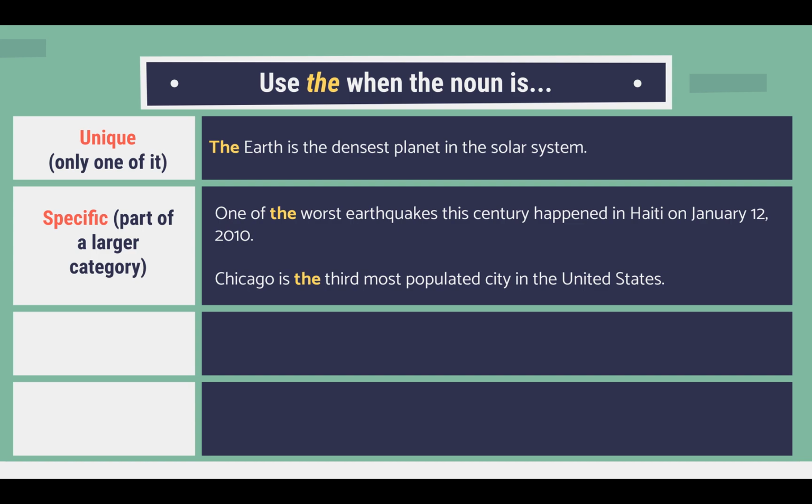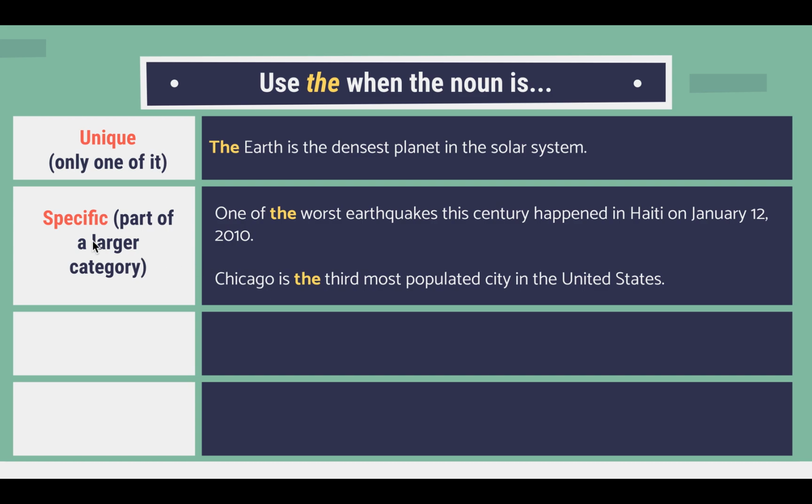It's a specific earthquake, but it's part of a larger category of all of the earthquakes in the world. Another example is Chicago is the third most populated city in the United States. Again, we're talking about a specific city, but it's in the larger category of many, many cities in the US.